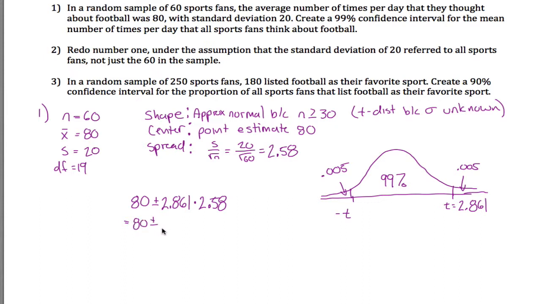If we do 2.58 times 2.861, what you get is approximately 7.39, maybe we'll call it. So what that gets you is 87.39 as the top end of the interval, whereas the bottom end of the interval is 72.61. So there's our confidence interval.